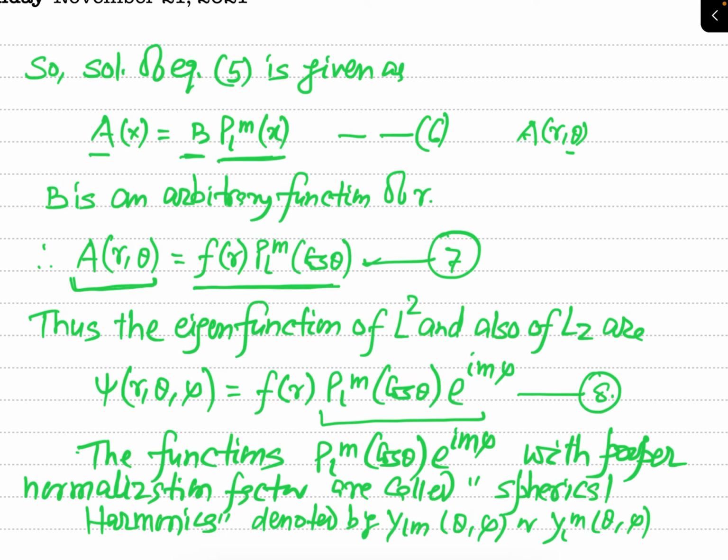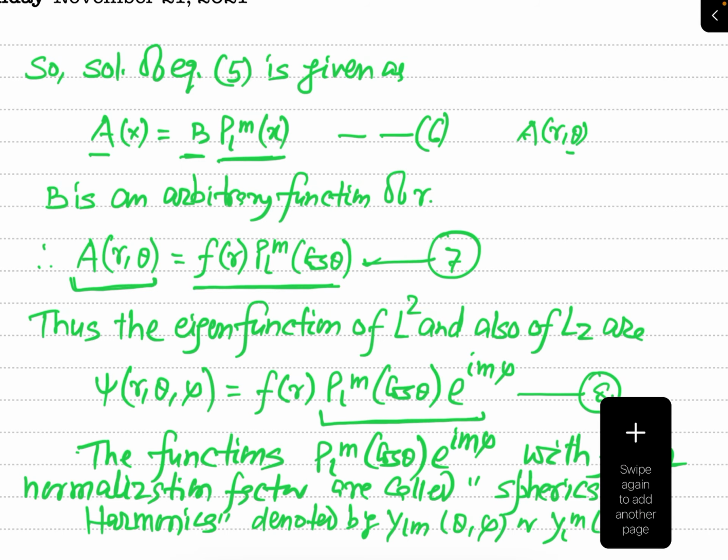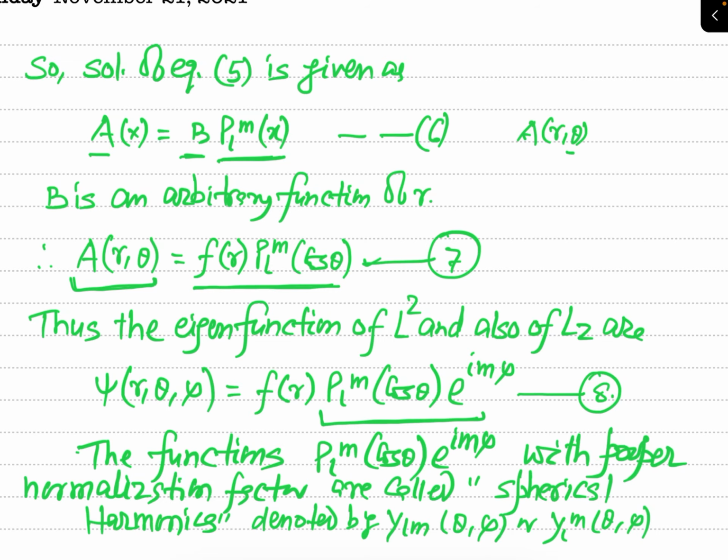So either you can write these numbers L and M as subscripts, or M as superscript and L as subscript. If you replace this product P_L^M cos theta e raised to the power i m phi by the symbol Y_LM(theta, phi), which is spherical harmonics, then the common eigenfunctions of the L square operator and the Lz operator can be written in terms of these spherical harmonics.